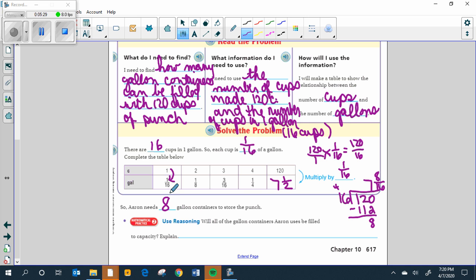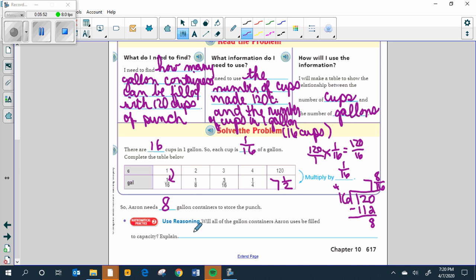Use reasoning. Will all of the gallon containers Aaron uses be filled to capacity? That's simply a way of saying, will they all be full? Well, if he only has 7 1/2 gallons of punch, at least one of those jugs is not going to be completely filled, right?